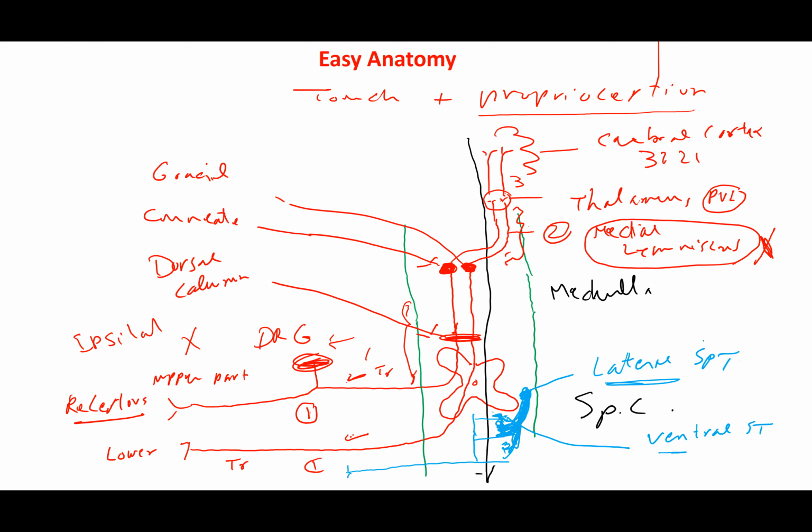The good news about this tract is that it ascends and crosses at different levels. That's why injury of this tract, joining the spinothalamic tract, is usually hard to lead to loss of touch sensation, because the crossing happens at different levels. Also, touch sensation is represented by the gracile and cuneate tracts.